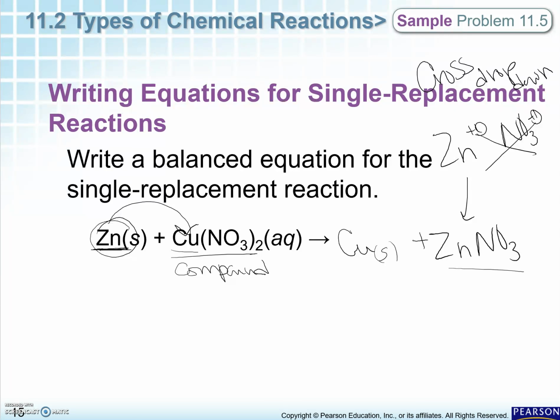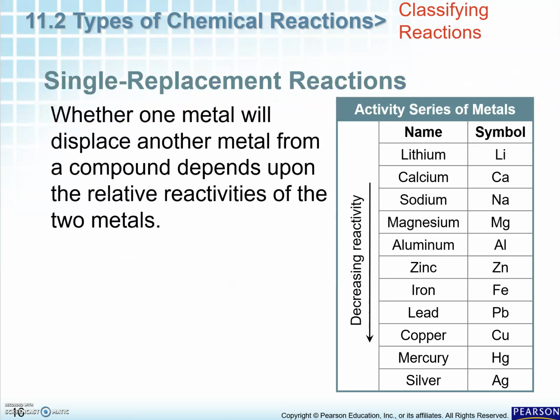Now there is one little tidbit that we want to make sure that you know. When you are doing a single replacement reaction, you want to make sure that the element that is doing the kicking out is more reactive than the one that is in the compound. So let's take a look back at the one we just did.